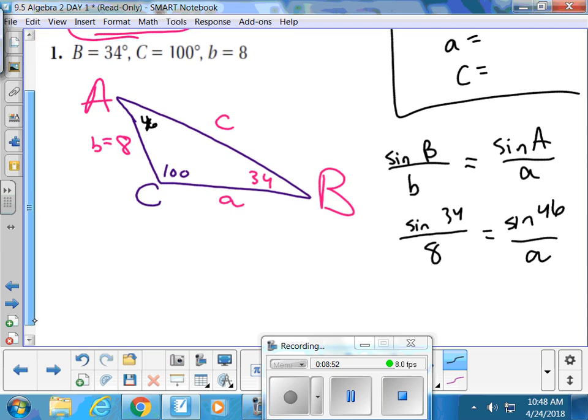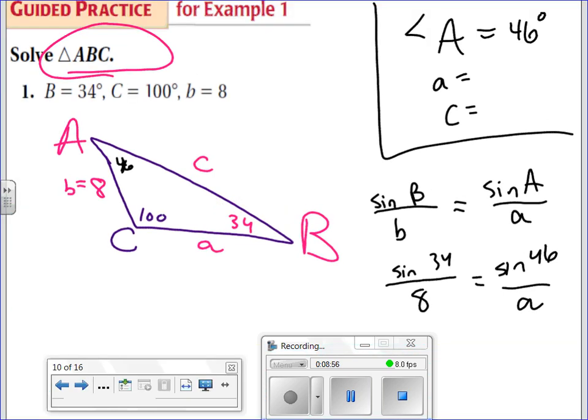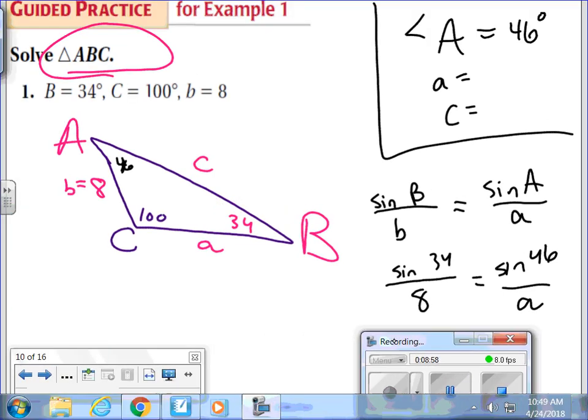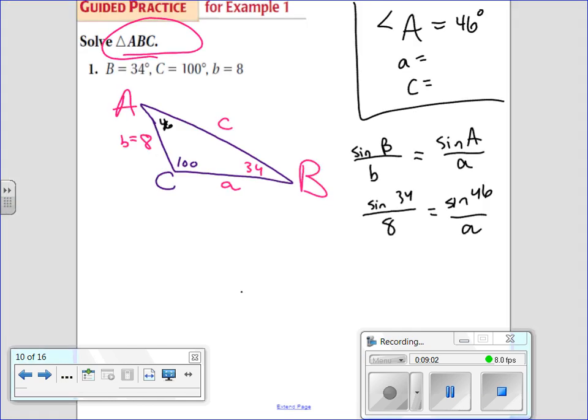I won't even tell you what to type. All right, did you guys get 10.29? If not, maybe ask a neighbor how to type it in or just try it again. You want to multiply the 8 and the sine 46, divide by the sine 34.